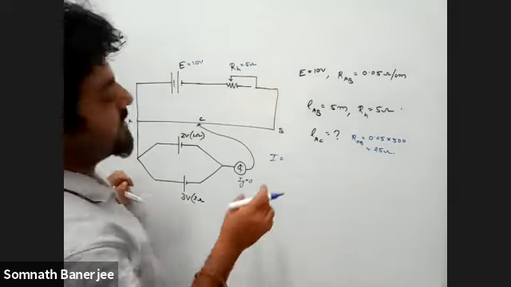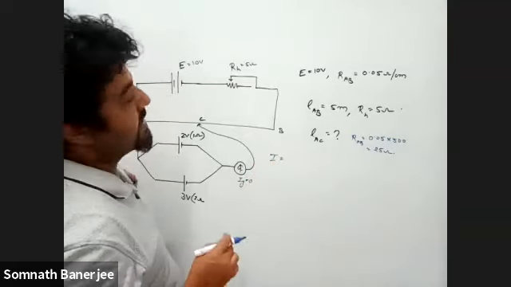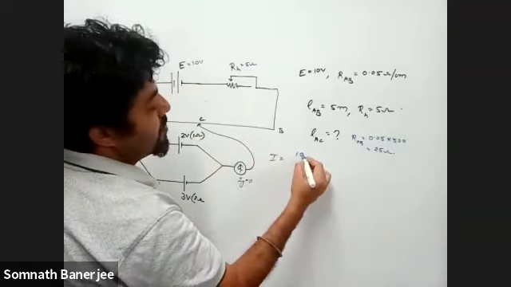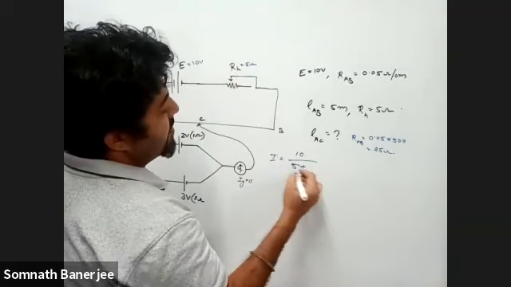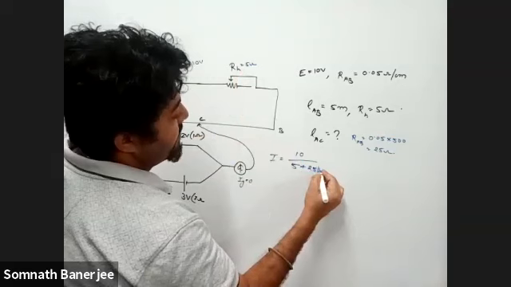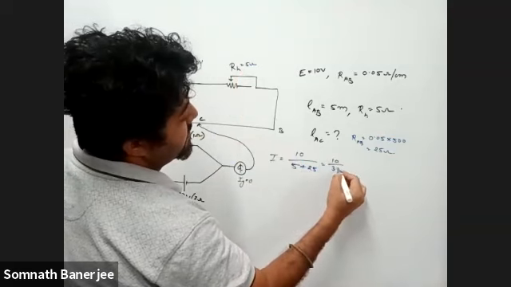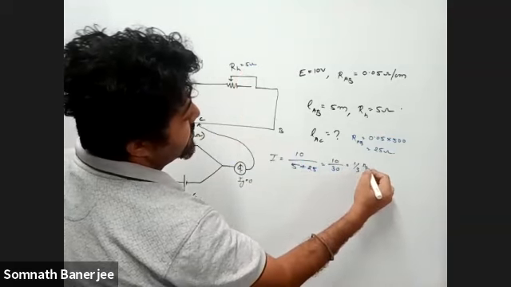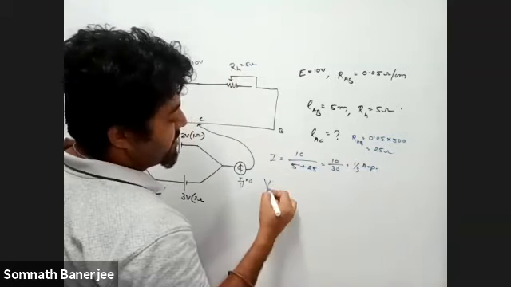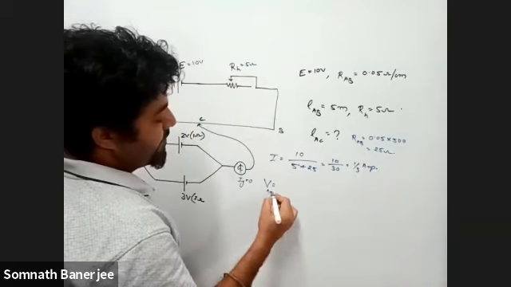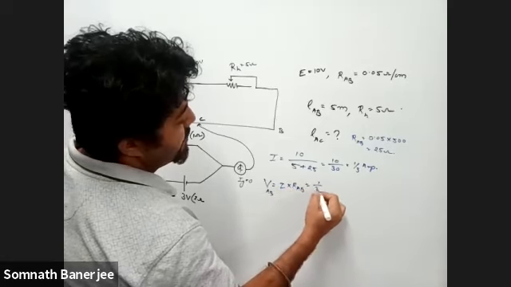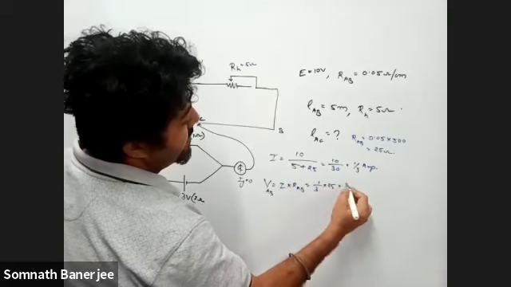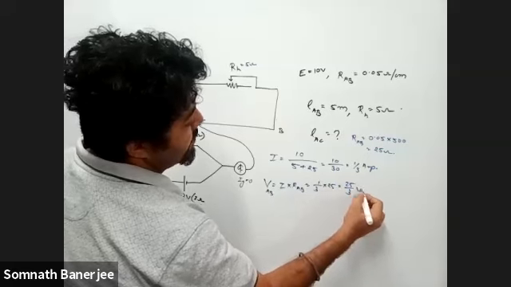You have to find the net current, which equals total voltage by total resistance: 5, that is the RH, plus R of AB, that is 25. So 10 by 30, that is 1 by 3 ampere. Next is voltage of AB, that is current into resistance of AB, 1 by 3 into 25, that is 25 by 3 volt.